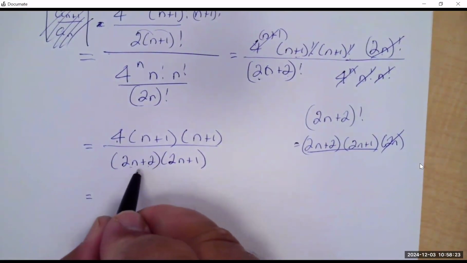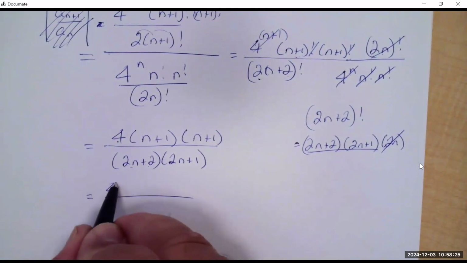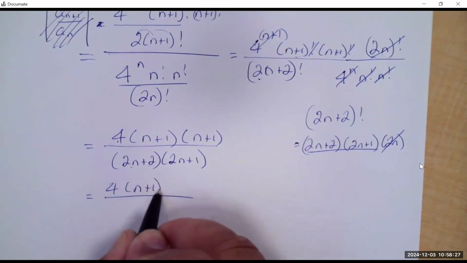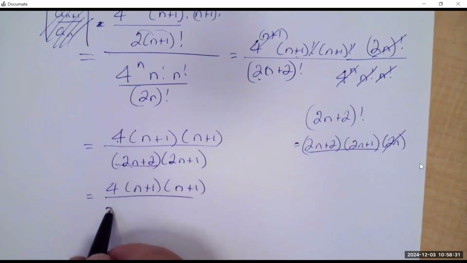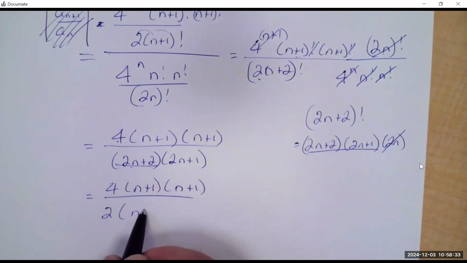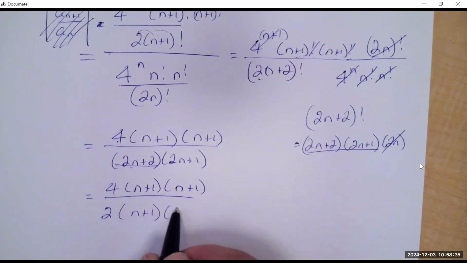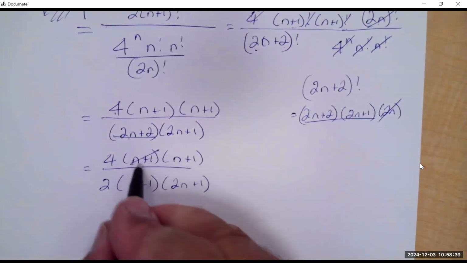So this one cancel here. I have a 4 n plus 1, n plus 1. Here I can factor out a 2. So the n plus 1's cancel.